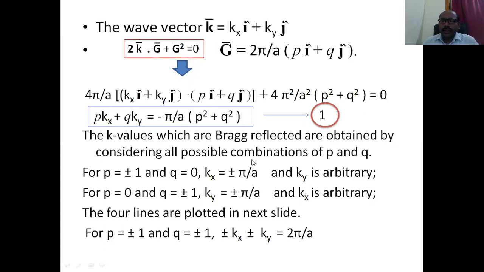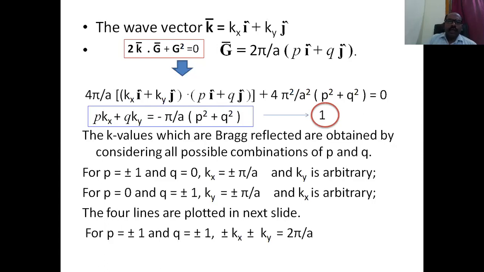It is a condition taken from Ewald construction. In Ewald construction, the lattice points on the boundary of the Ewald construction are the ones where Bragg reflection occurs. On other lattice points, Bragg reflection does not occur.